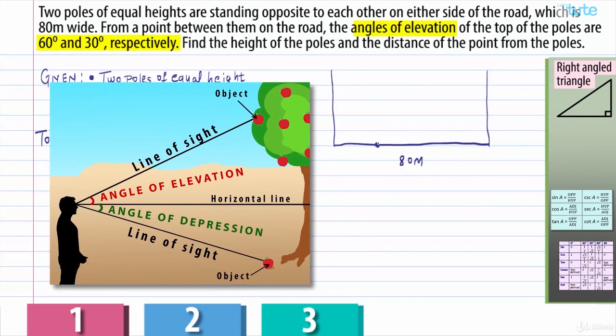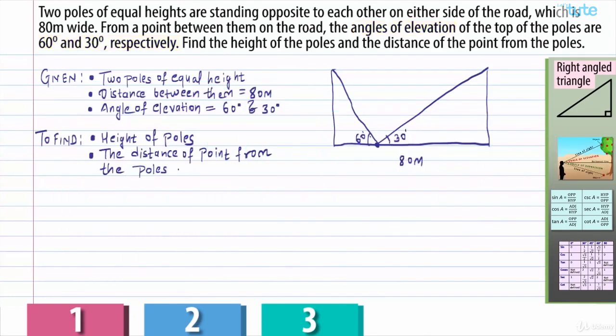It is the angle made from a point when we look up to see the object. So this is the angle of elevation. Say this is of 60 degrees and this is 30 degrees. I have assigned this angle as 60 degrees because in this picture this angle is closer to 90 degrees.